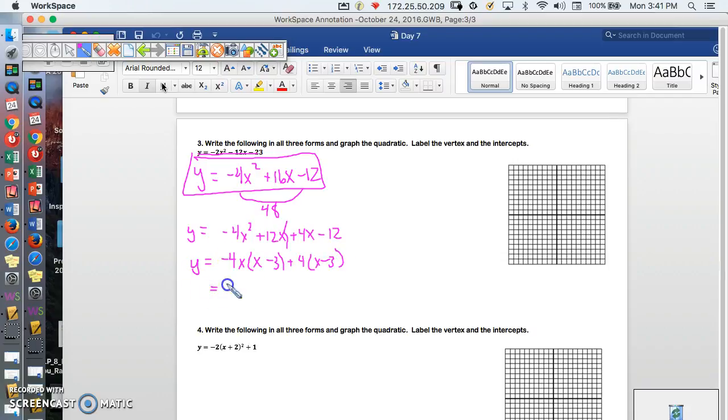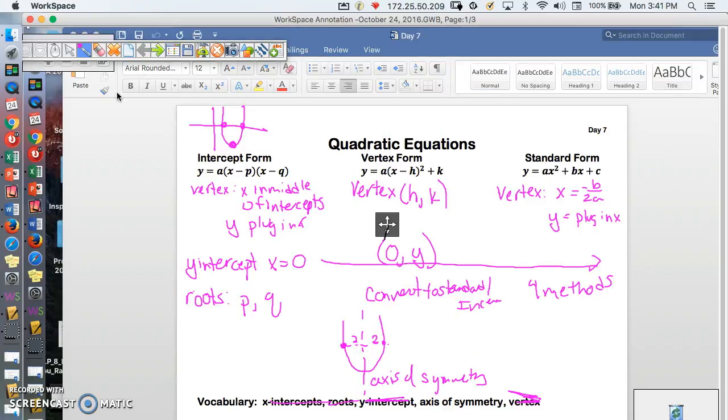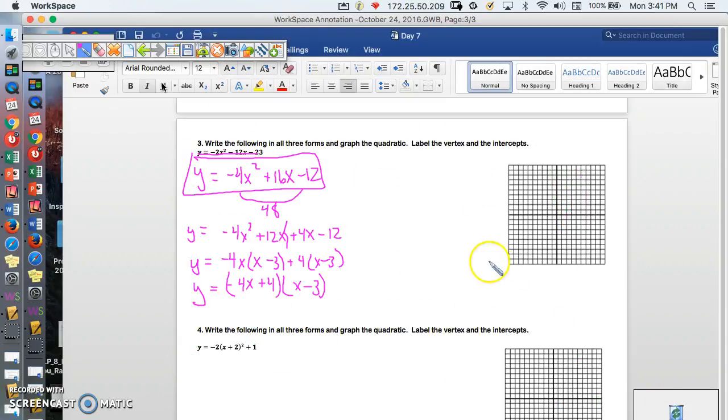So it factors into -4x plus 4 and x minus 3. But you'll notice on intercept form, there's that a pulled out. It's always just x minus something. So we have to pull out a -4 from this one. Then it's going to be x minus 1 times x minus 3.